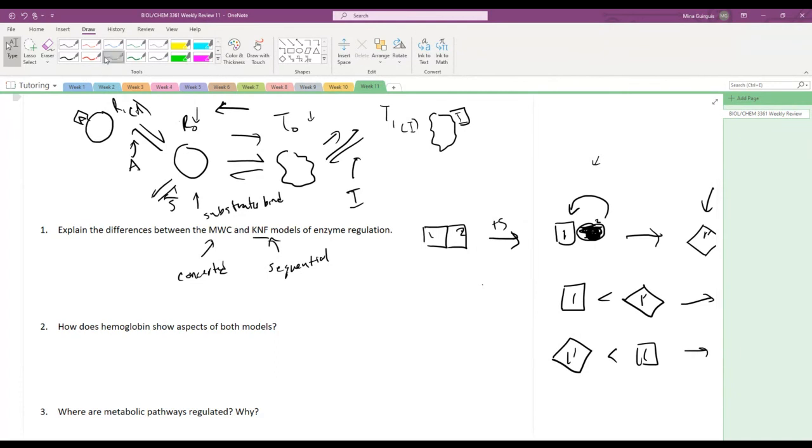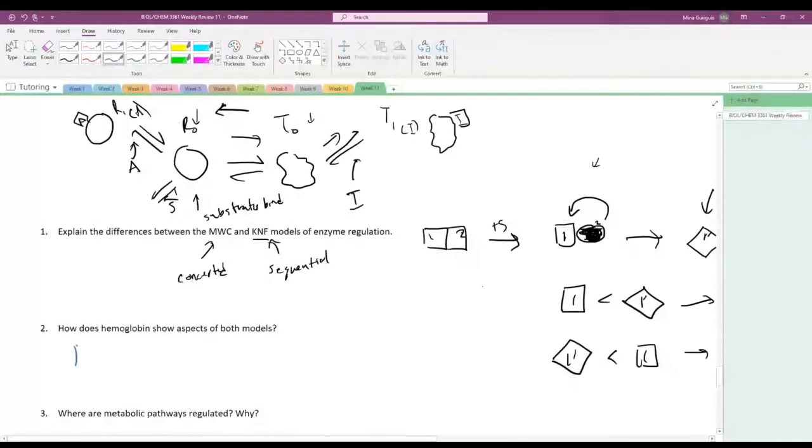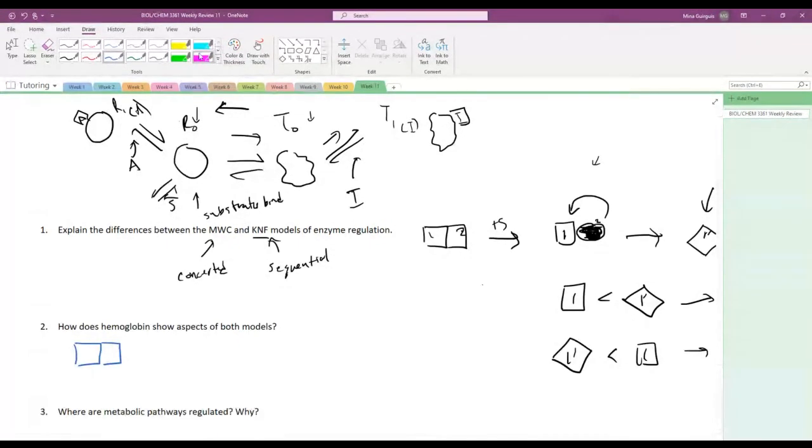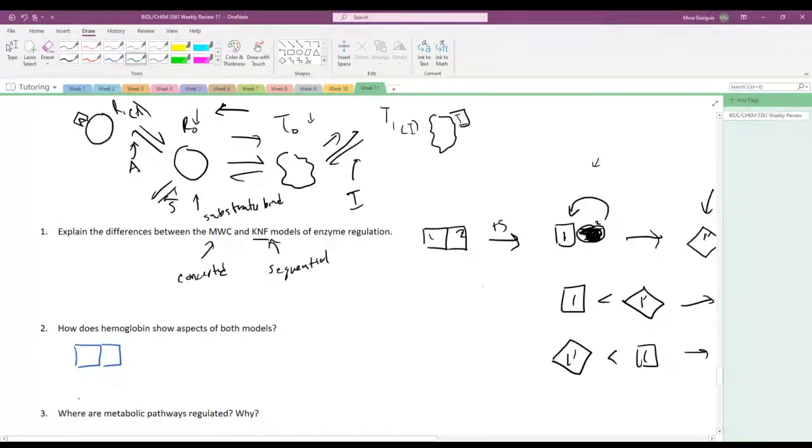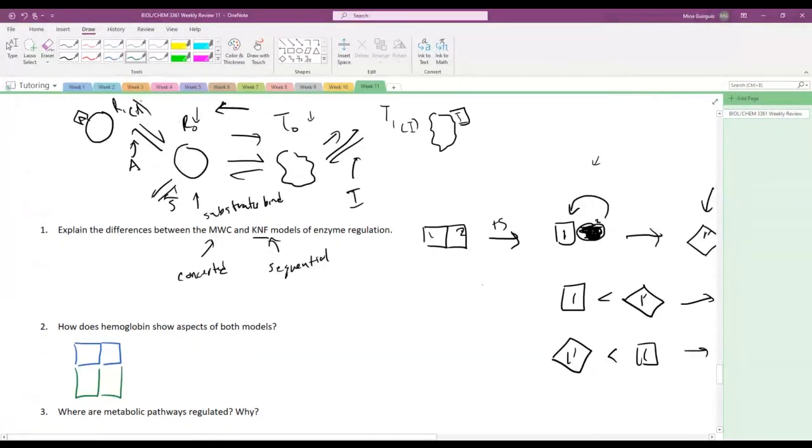So very briefly, and I'm going to have to use a few different colors for this, hemoglobin has two subunits. Or, I'm sorry, it has four subunits. Two are alpha subunits, which I'm coloring in blue. And two are beta subunits, which I'm putting in green. Alpha and beta.